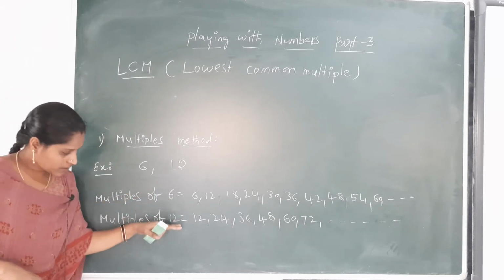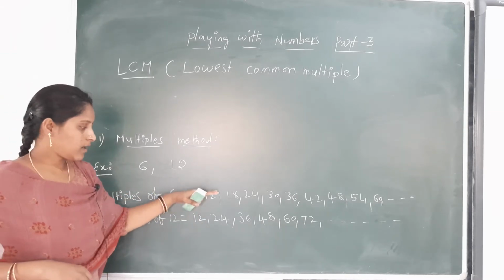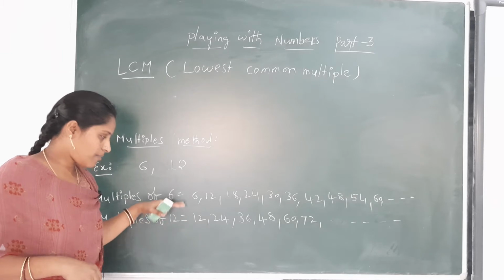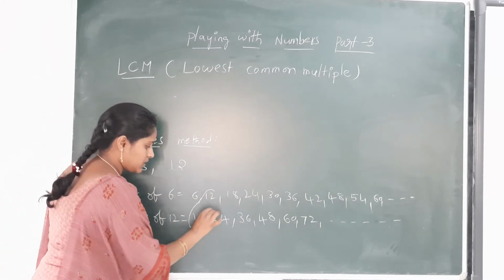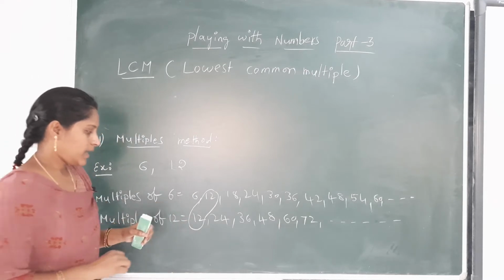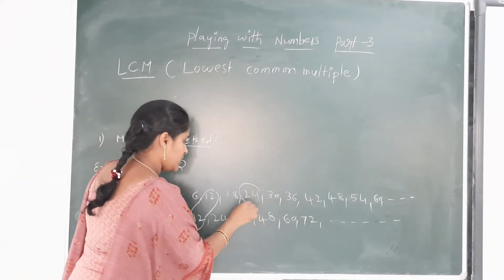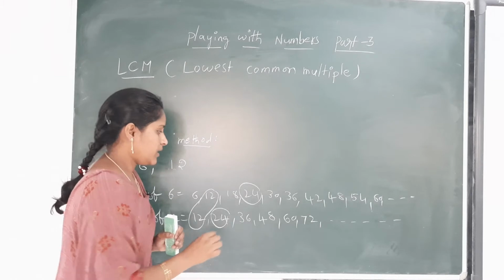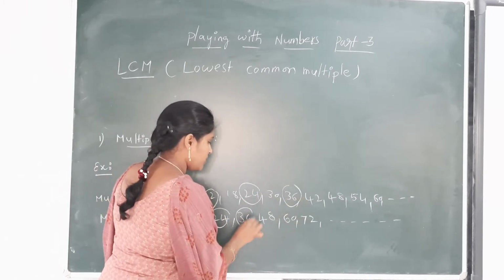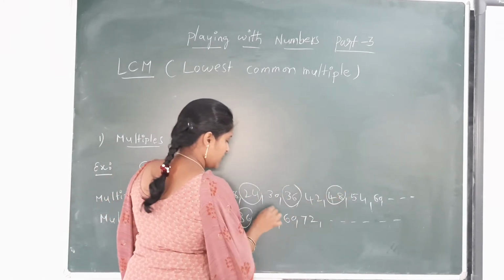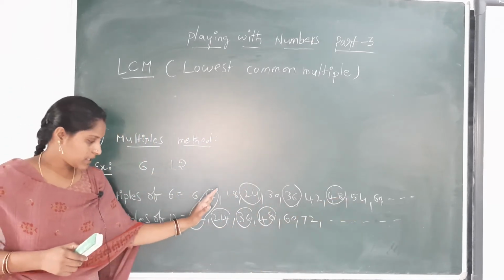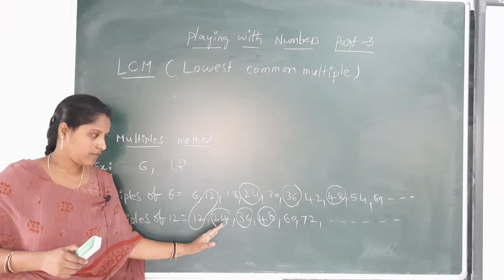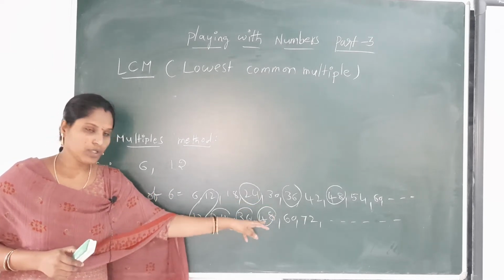Next, for these two numbers we have to encircle the common multiples. 12 is common for both, and again 24 is common for both, and again 36 is common for both, and 48 and so on. The first common multiple is 12, then second 24, then third 36, and then fourth 48.